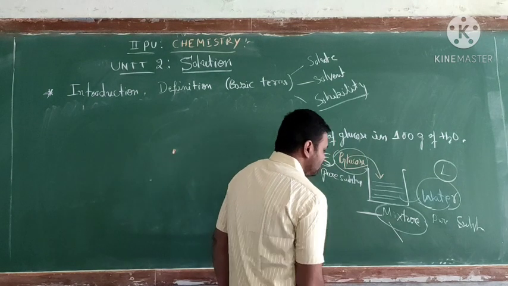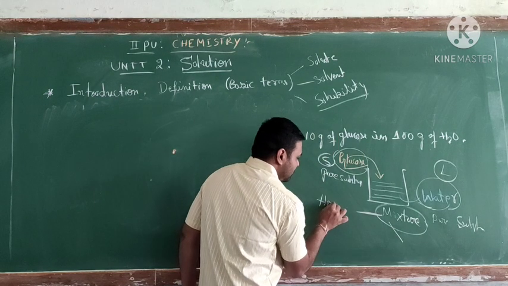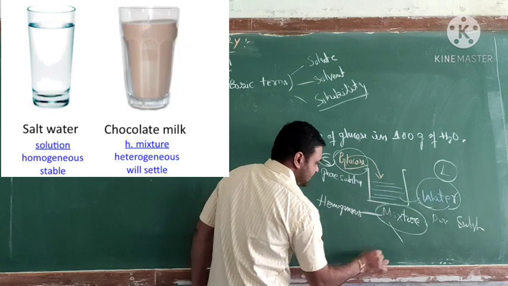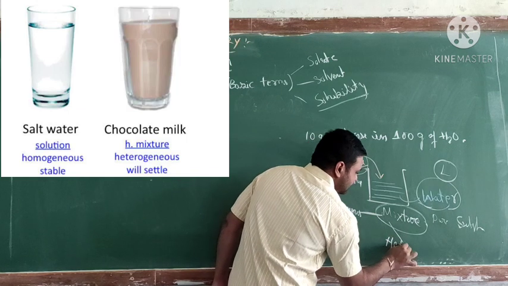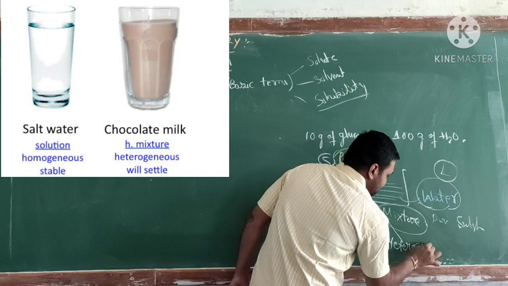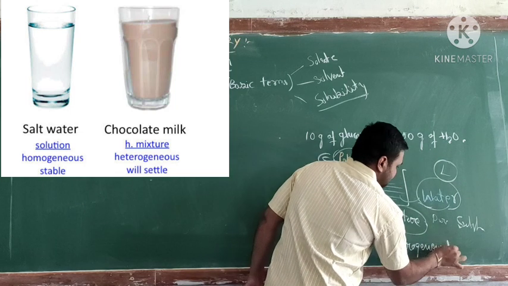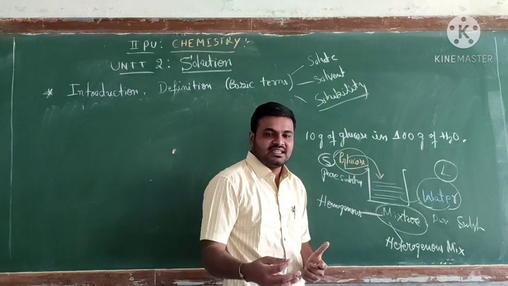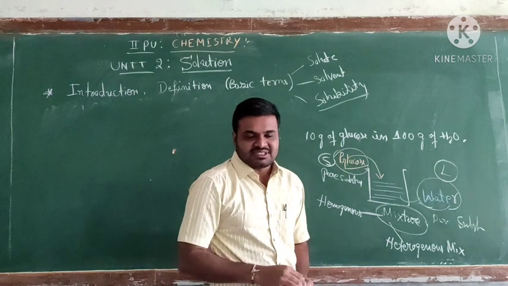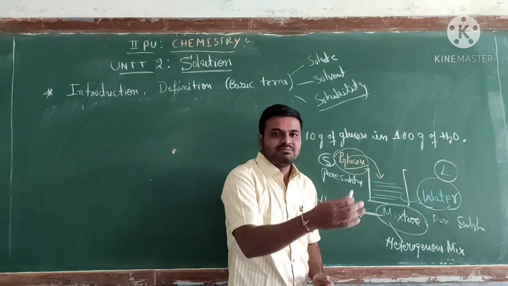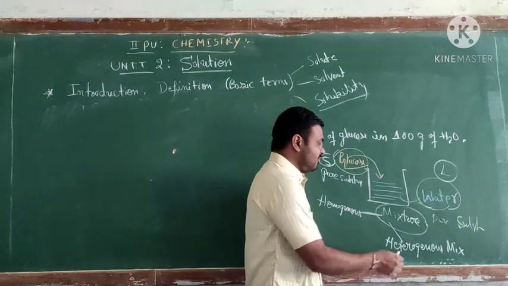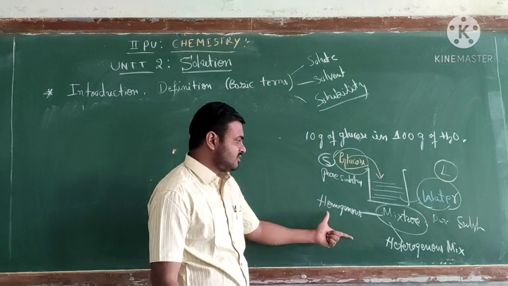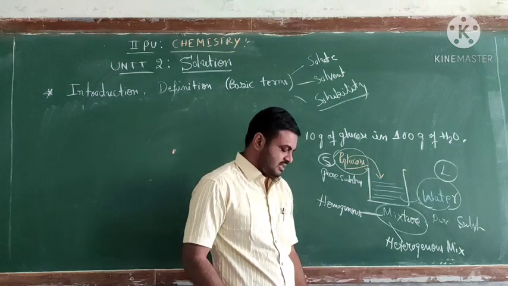It has two types: homogeneous mixture and heterogeneous mixture. Mixture is any pure substances, two or more, mixed together to form a mixture. In that, two types, homogeneous and heterogeneous.